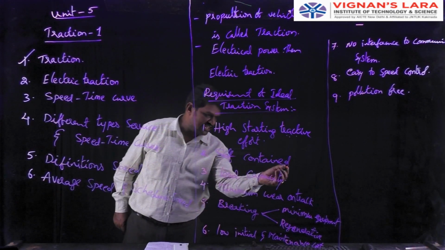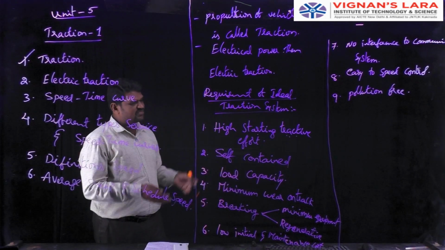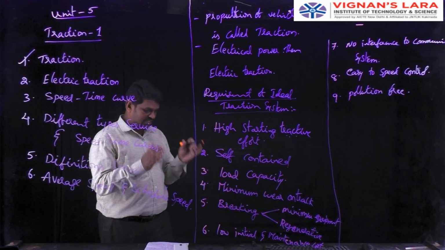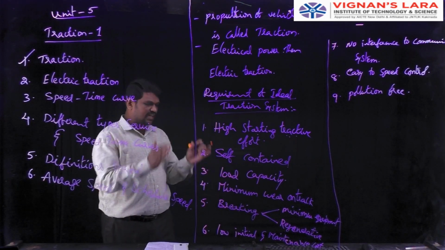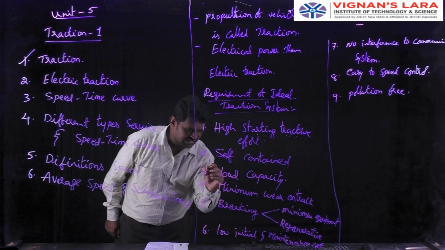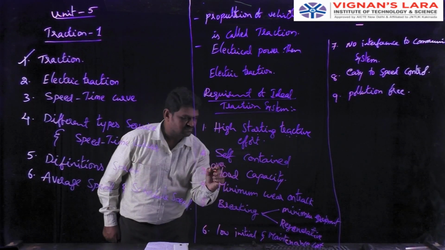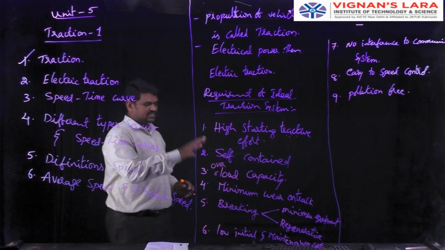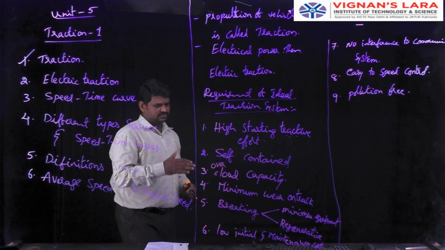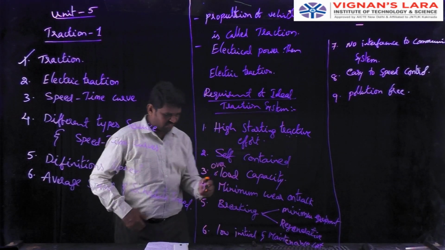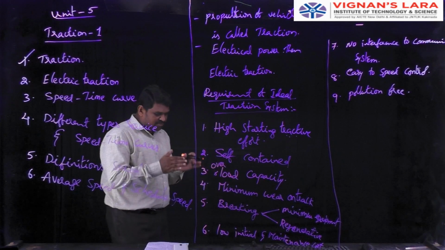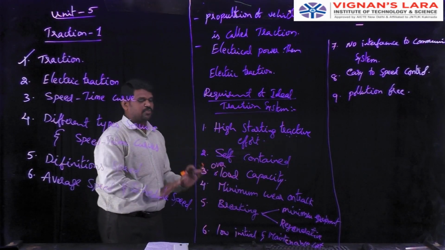It should be self-contained, with all the parts required for propulsion in the same wagon, and compact in size. It has temporary overload capacity, up to a certain load it can withstand, and minimum wear on the track, with minimum equipment used for the propulsion.